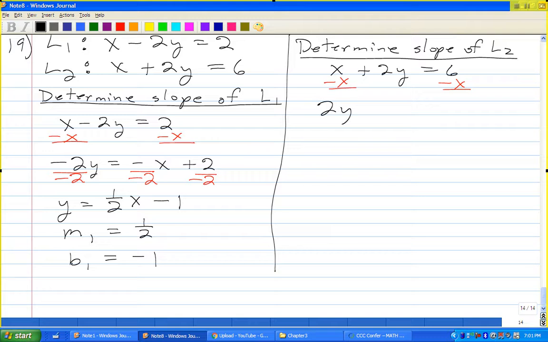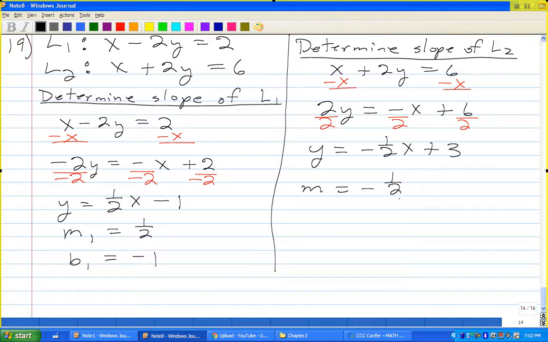So I have 2y equals negative x plus 6. Divide both sides of my equation by 2. So I have that y equals negative 1/2 x plus 3. And so the slope of this line is going to be negative 1/2. And the y-intercept is 3.